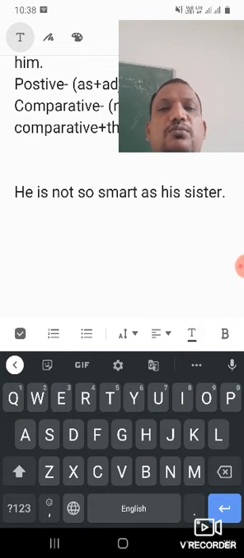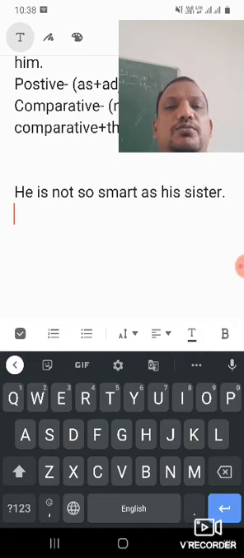In the previous example, not was not in the positive degree, so we used not in the comparative degree. Here, in the positive degree itself we have not, so in the comparative degree we have to write it removing the word not.